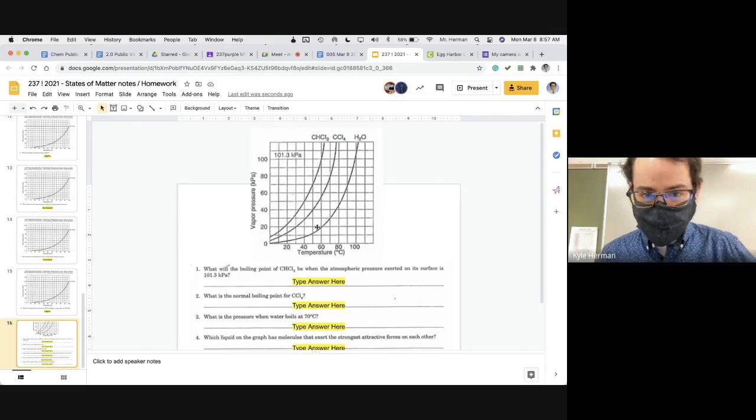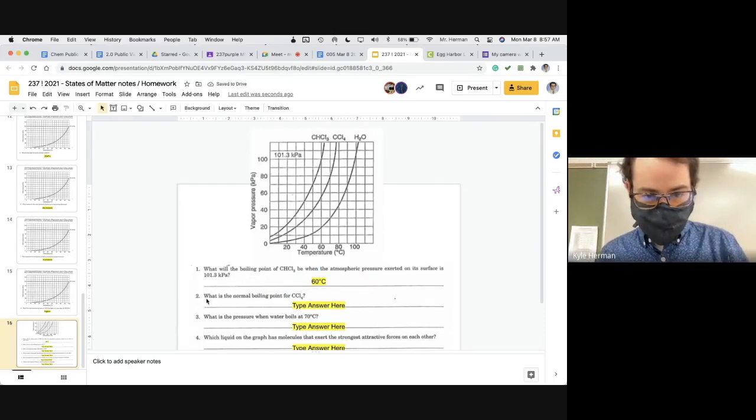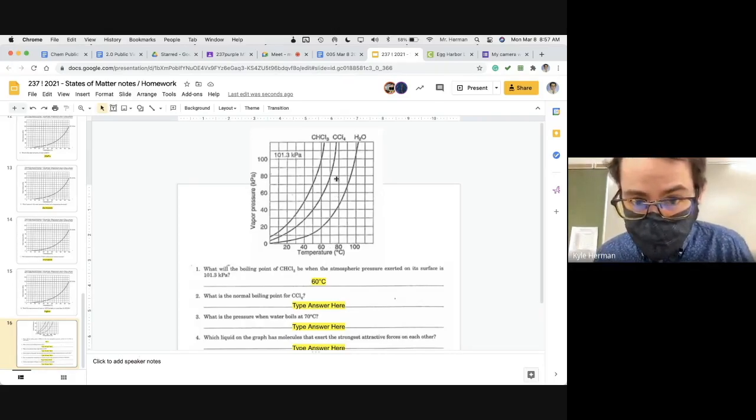Looks like it's 60, so 60 degrees Celsius. Then it says, what is the normal boiling point for carbon tetrachloride, which is this one right here? Looks like it's in between these two, and that's 70. So somewhere between 70 and 80, maybe 75.